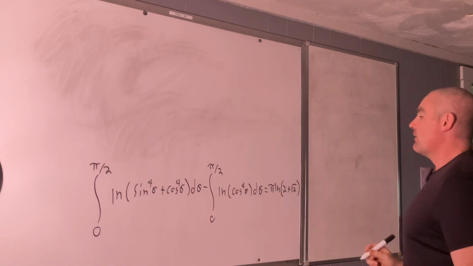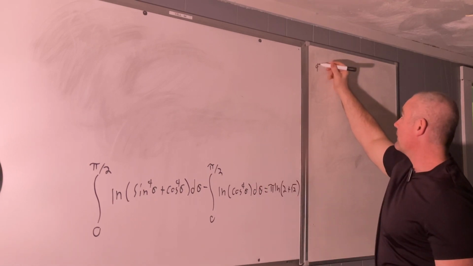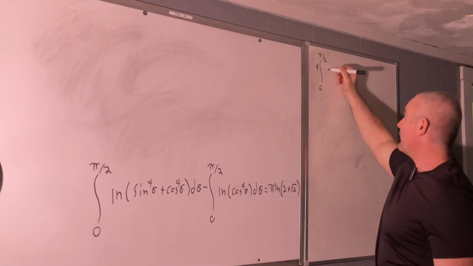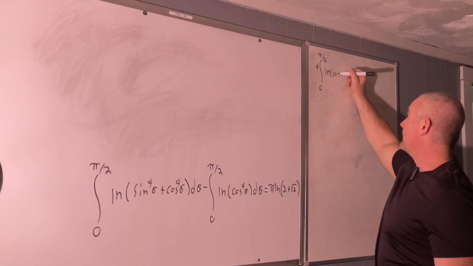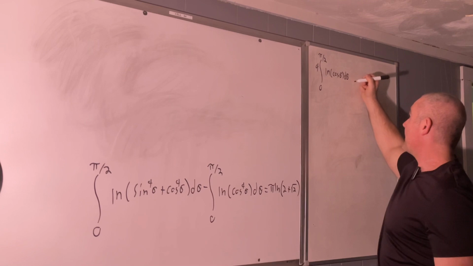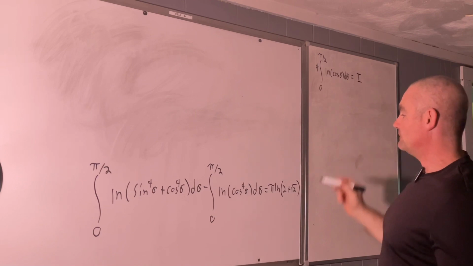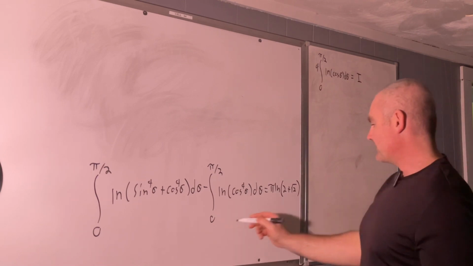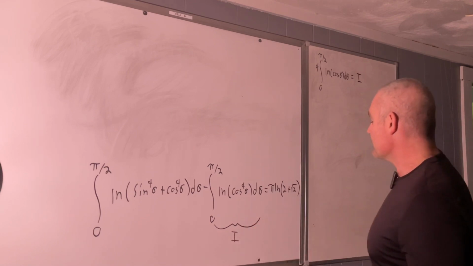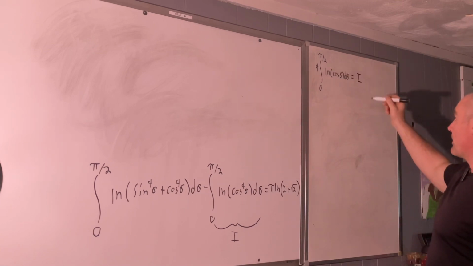First, let's rewrite it like this. Let's rewrite that as 4 times the integral from 0 to pi over 2 of the natural log of cosine theta d theta, and let's set that equal to I. Okay, well, let's use King's property on this.